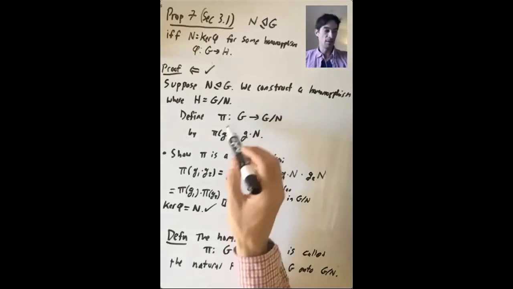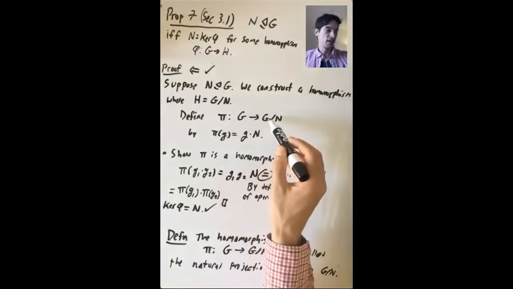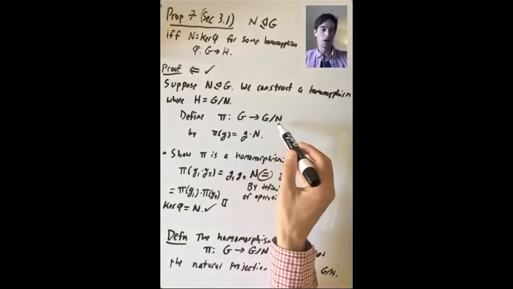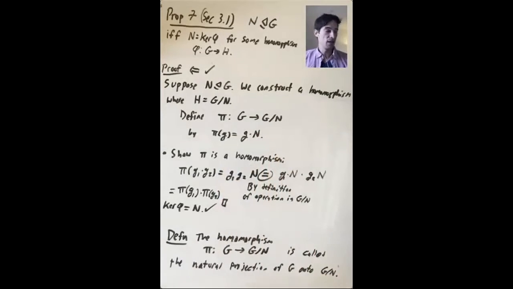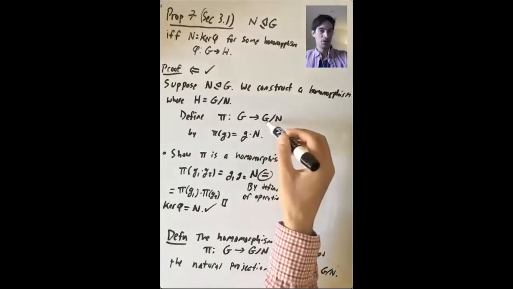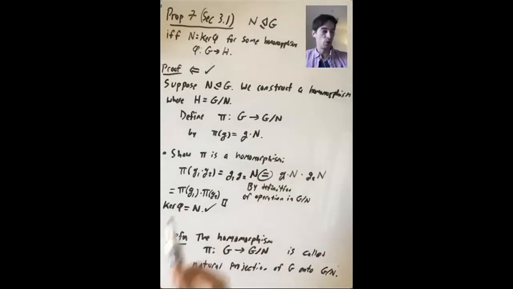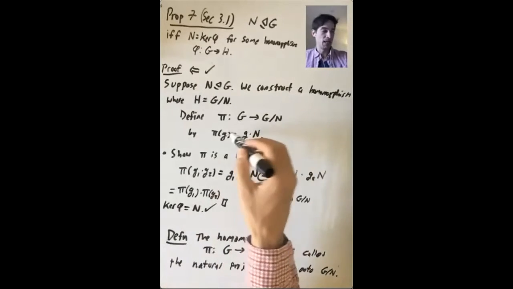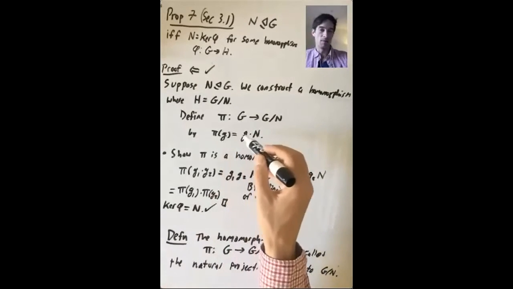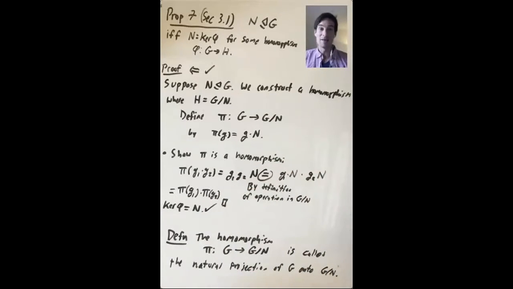We're taking an element of G and sending it to the corresponding coset of G mod N. G mod N is a smaller group than G. Many elements of G are bundled together in the same coset of N. So we're taking a bigger thing and projecting it down onto a smaller thing. So I'll pause and erase, and then we'll talk about some examples having to do with normal subgroups.